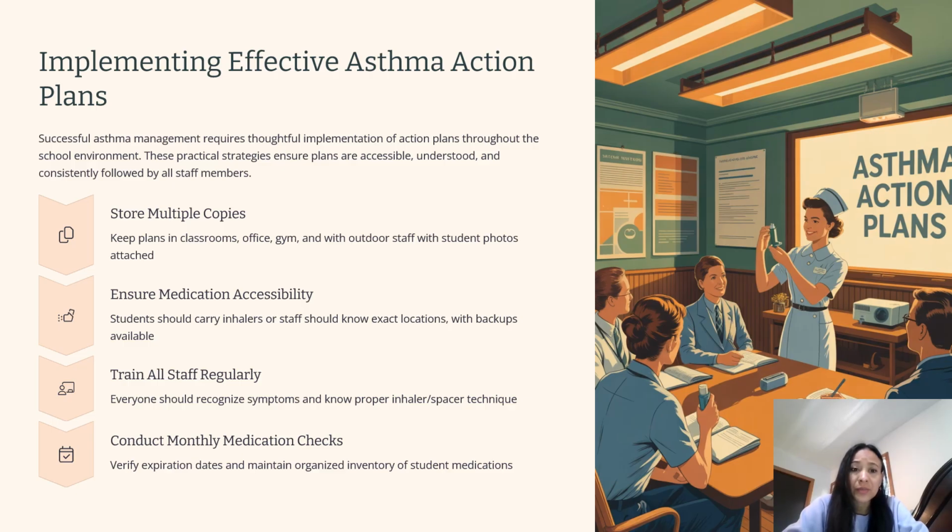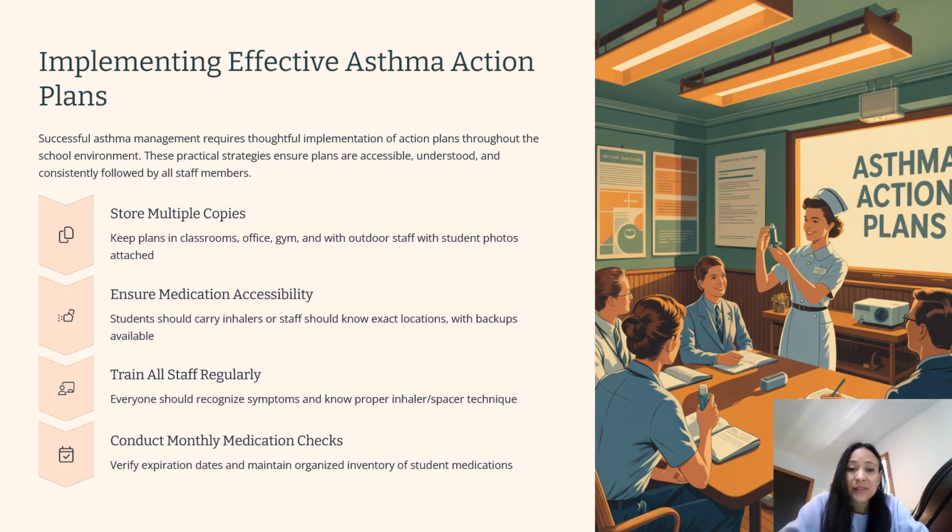We can store multiple copies, we can keep plans in classrooms, we can keep them in the office, we can keep a copy in the gym. We can also attach a small student picture to the plan. We can ensure that medication is accessible as well. Students should carry their inhalers because we never know when they will need it.